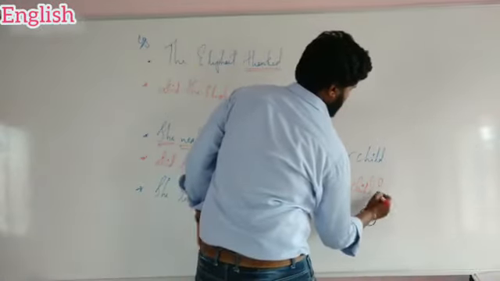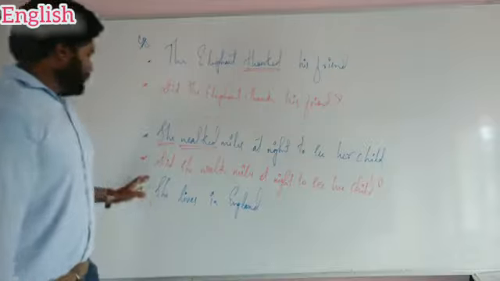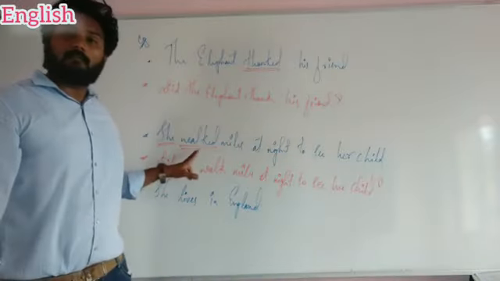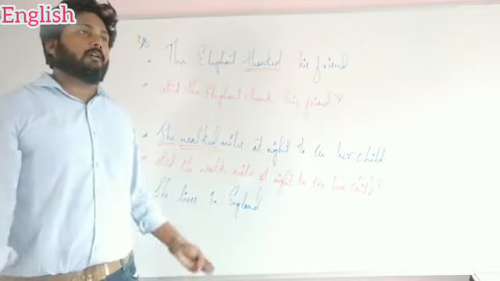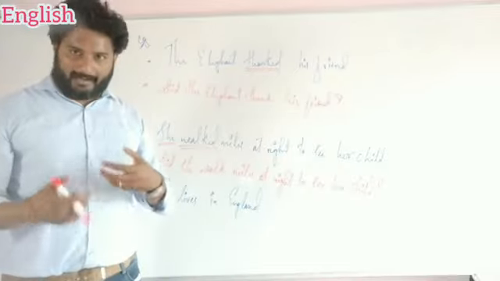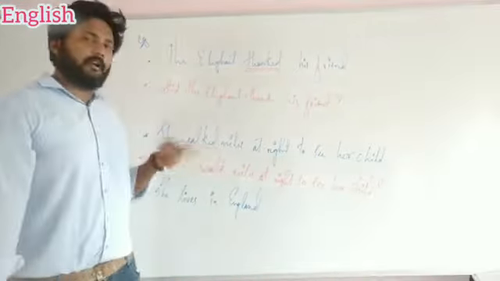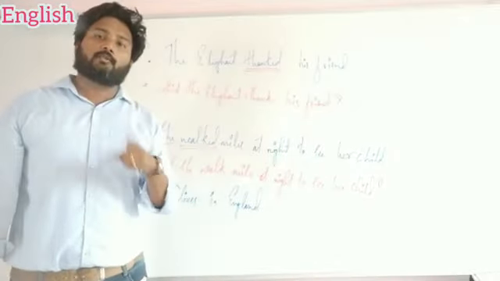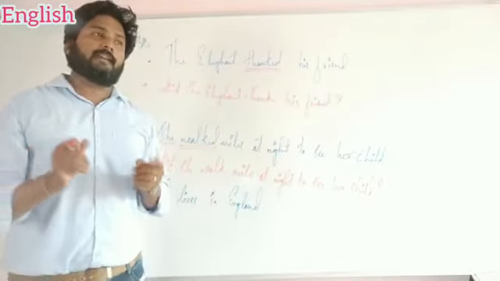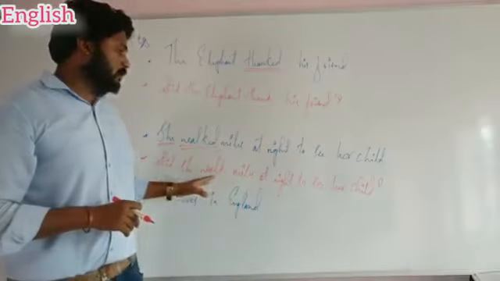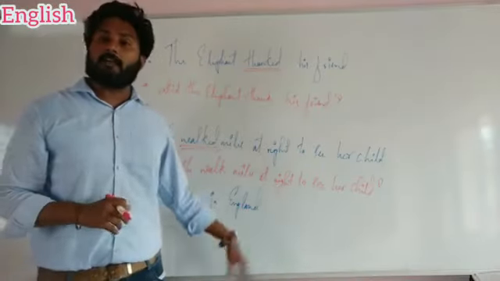See, did she walk. If you don't know how to identify the statement, just go through the verb. Walked, it is past. Then there should be did. We should use the auxiliary verb. Did she walk miles at night to see her child?